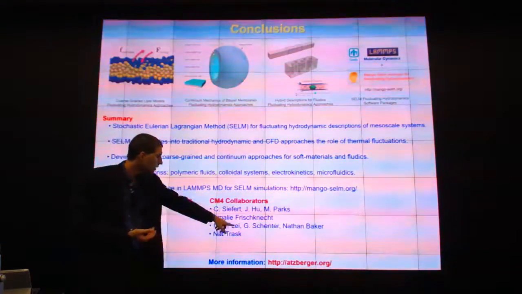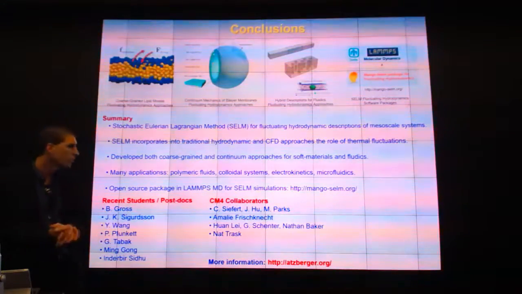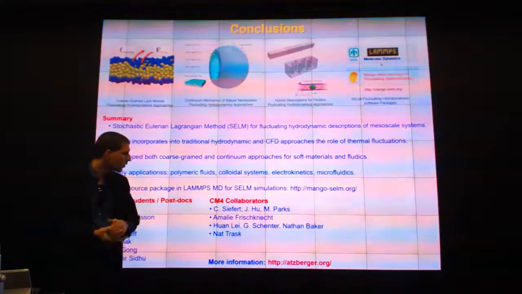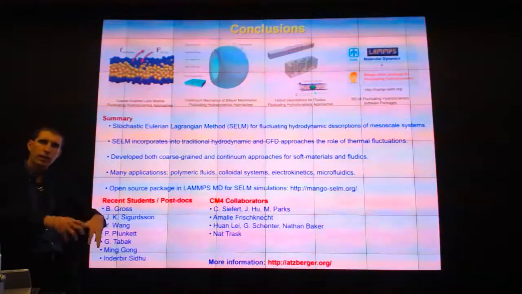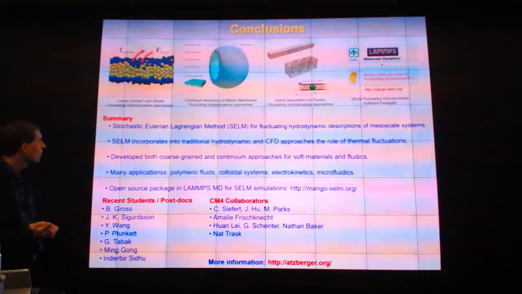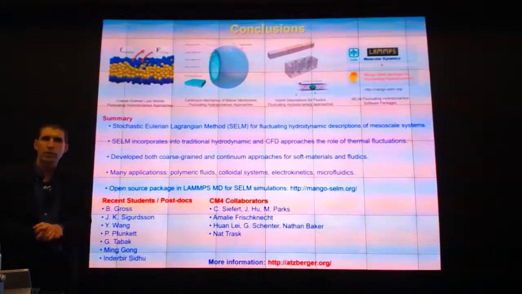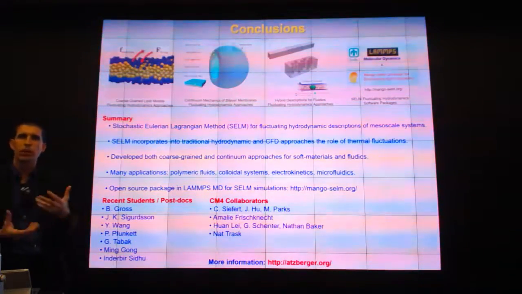And then Juan Lee and Greg Schenter and Nathan Baker, we've been talking a bit about different interfacial problems related to some of this work. And Matt Trask has some very nice work that he's done on moving least squares, and we're also trying to discuss ways of taking some of these fluctuating hydrodynamic approaches and using a lot of the mathematics we've developed to do finite elements and finite difference type methods, but move into other realms like moving least squares or smooth particle hydrodynamics and contribute there.